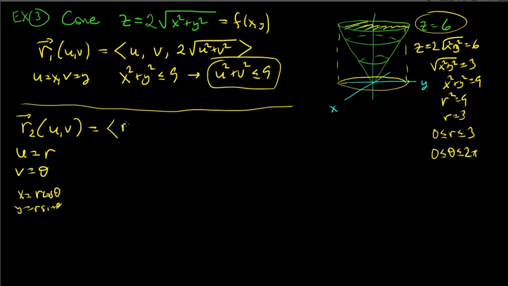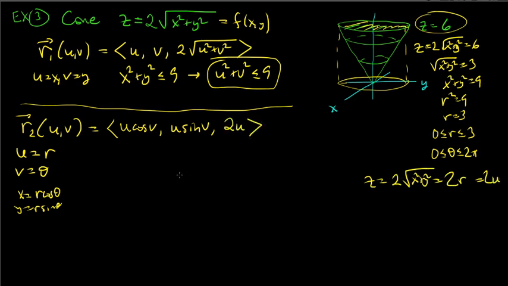So x is u times cosine of v, and y is u times sine of v. And then z, remember, is 2 square root of x squared plus y squared, which is just 2r, which is just 2 times u in this case.